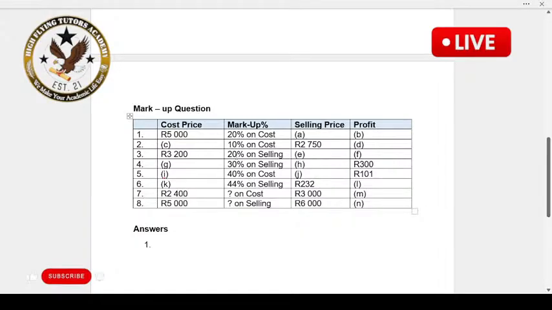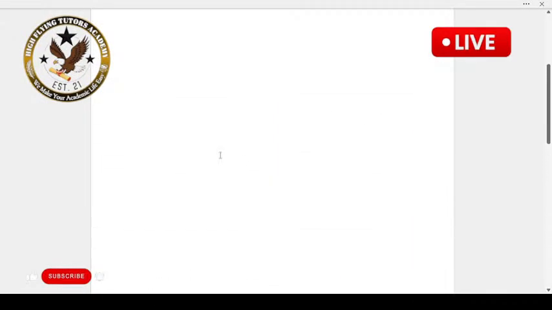So right now I'm going to start by trying to explain to you markup on cost, because we've got two types of markup. We've got markup on selling and markup on cost.